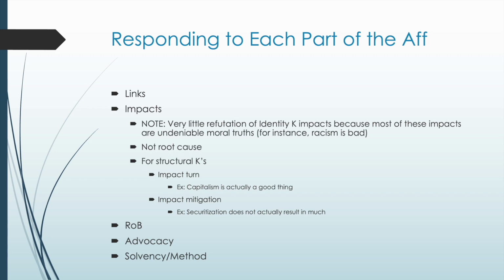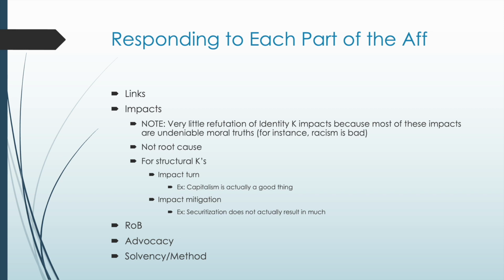Because if, say, ableism is the root cause of all forms of violence, then we have to address ableism first. But if I prove that ableism is not the root cause of all forms of violence, then my K that talks about a different form of violence other than ableism is now a very valid thing to pursue, because ableism is not the root cause.